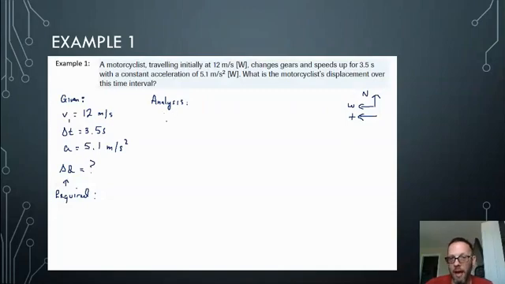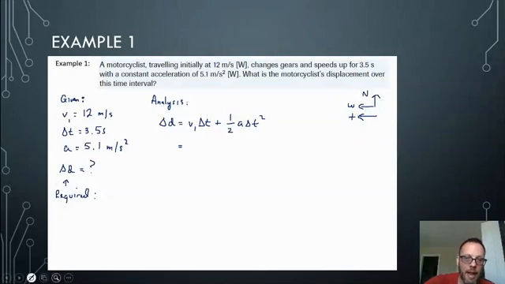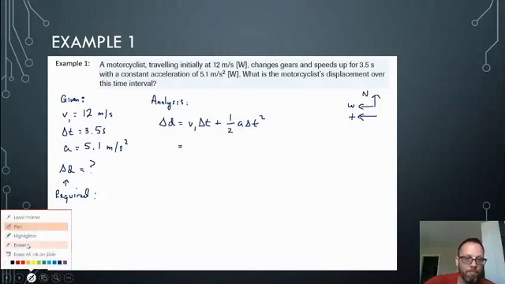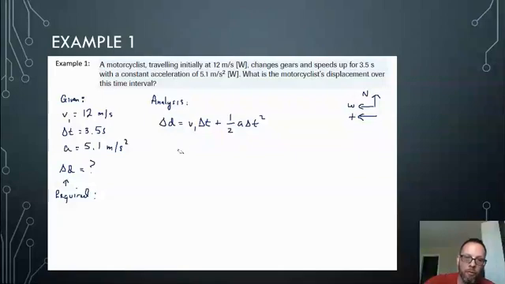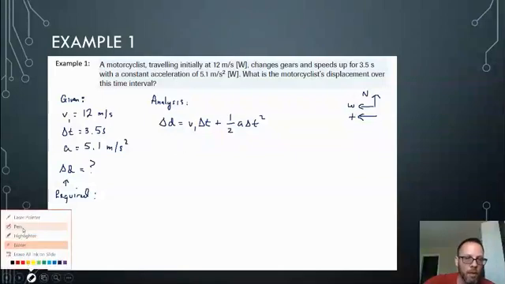But with the 3 we have and the one we're trying to find, it's the displacement curve equation that will help us. V1 delta t plus 1/2 a delta t squared. We have all those things on the right. We're actually just ready to calculate the displacement right away. So that's our analysis, thinking about what math tool, what equation will help us solve the problem.